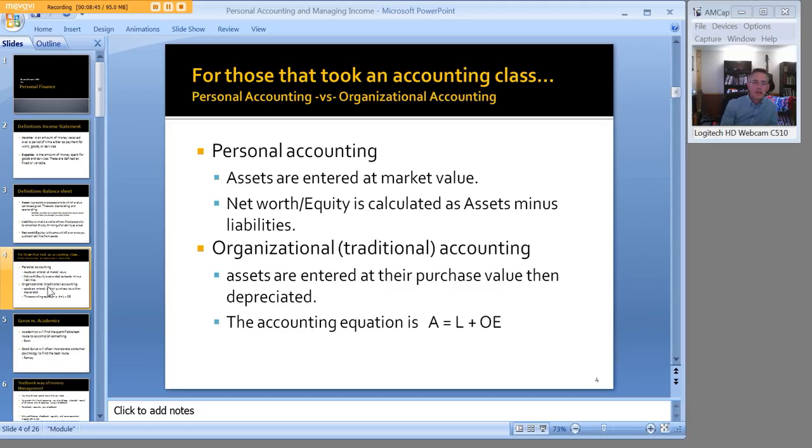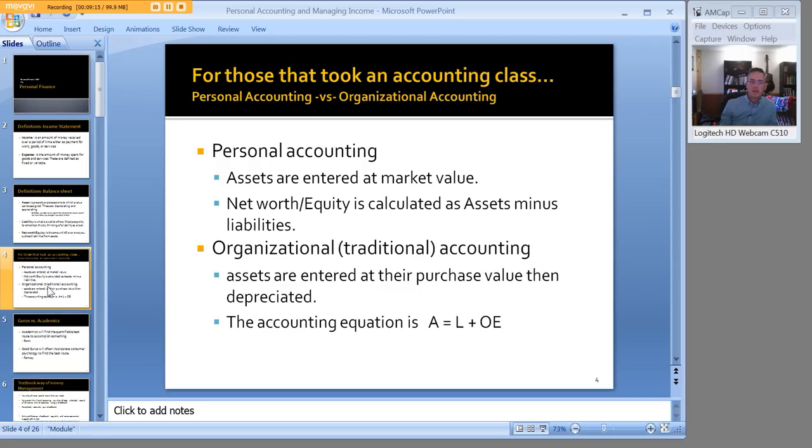Now, the next thing that's a little different is that in personal accounting statements, we calculate the net worth by taking assets minus our liabilities. Again, we're just trying to make life easy for you, and that makes the most sense. Whereas in traditional organizational accounting, we would take our assets and set them equal to our liabilities plus our owner's equity, and those things would have to, in fact, balance.